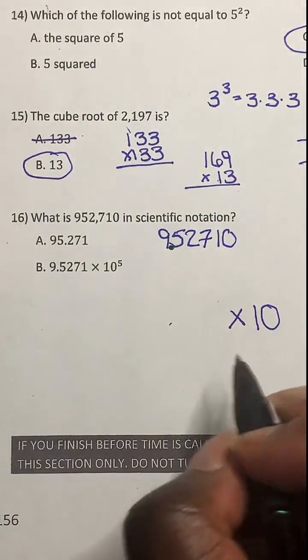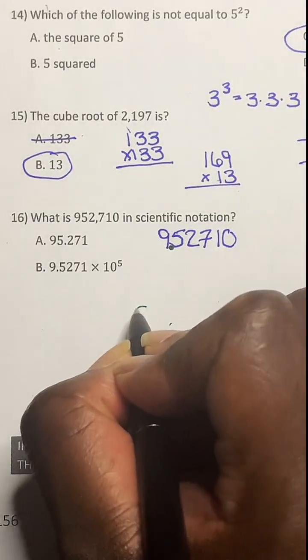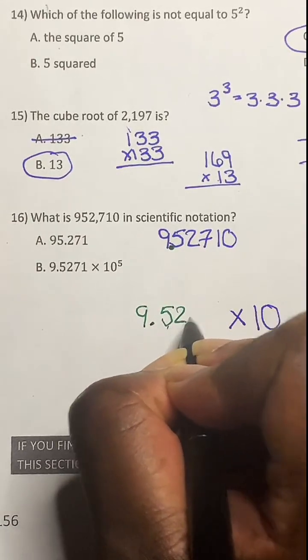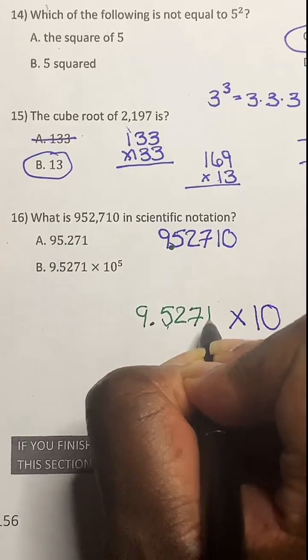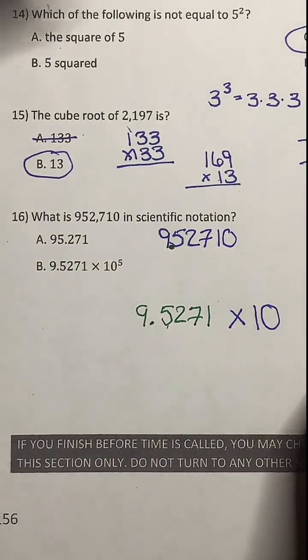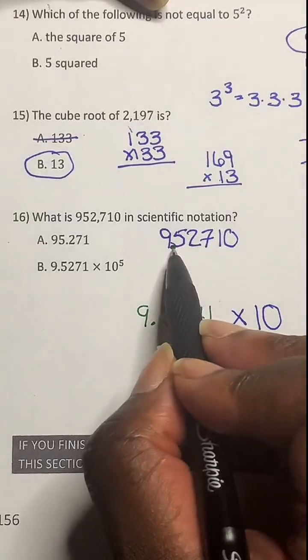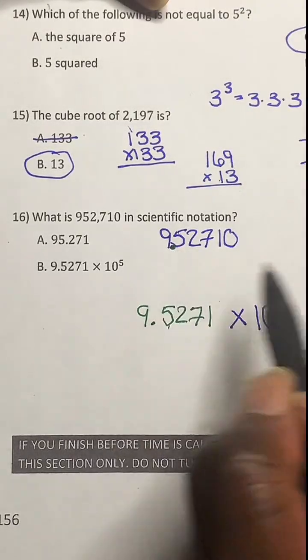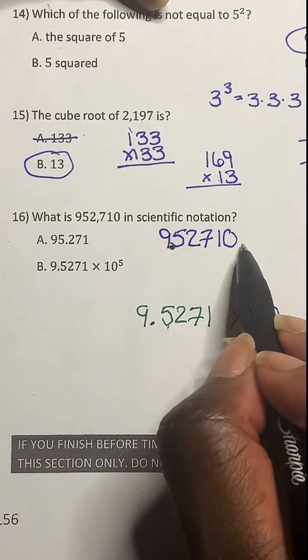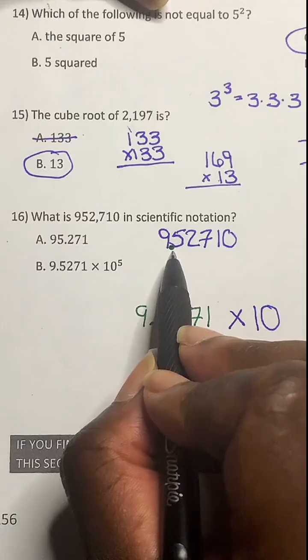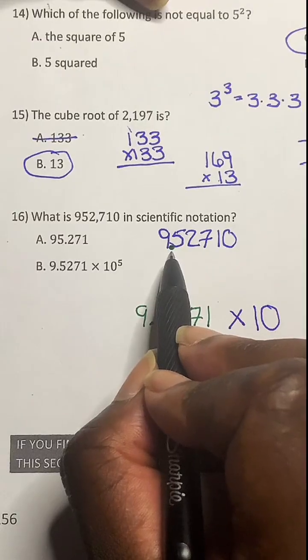So in this case, I'm going to put 9.5271. And you're like, but Audrey, there's a 0. Hold on. Now I want to count how many decimal places, starting back here, I had to go in order to stop at this spot.